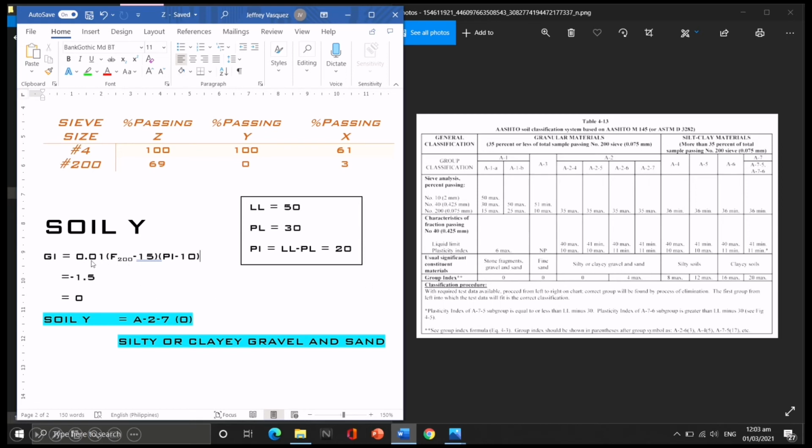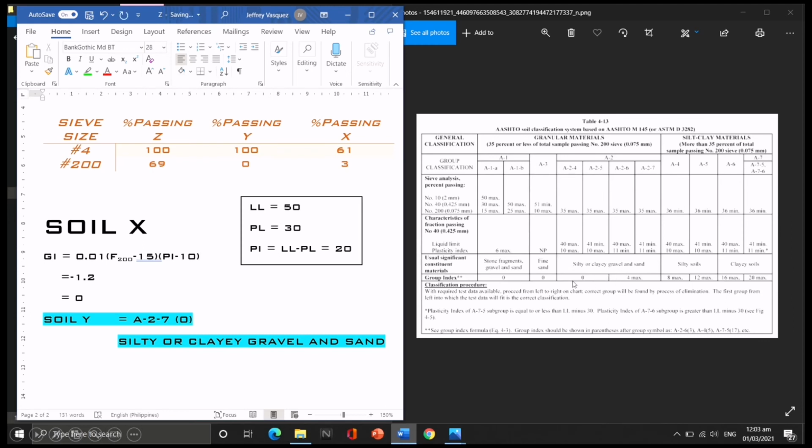Sa pag-solve naman yung group index niya, may special formula siya na para sa kanya, which is 0.01 multiplied by the quantity of the percent passing on sieve number size 200 minus 15 multiplied by the plasticity index minus 10. So, substitute yung mga value natin equals to negative 1.5. And i-round up natin siya, magiging 0 siya.